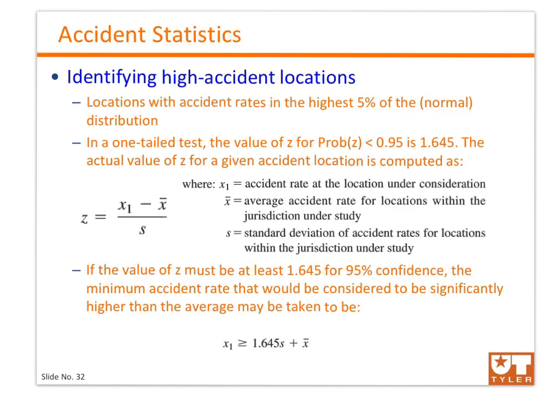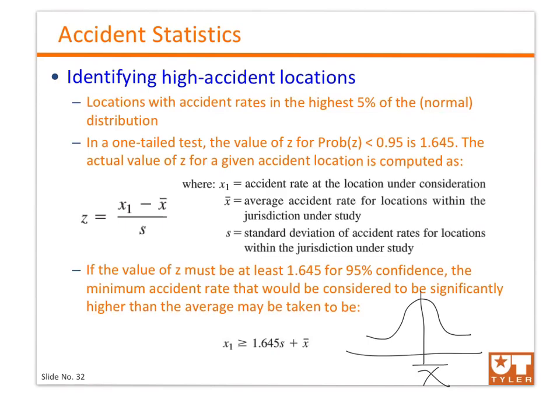So if I want to put it more into a graph, this is the normal distribution. Now I'm saying this is the average, x prime, and now I'm saying this location has a significant amount of accidents, more than the typical average of the city.